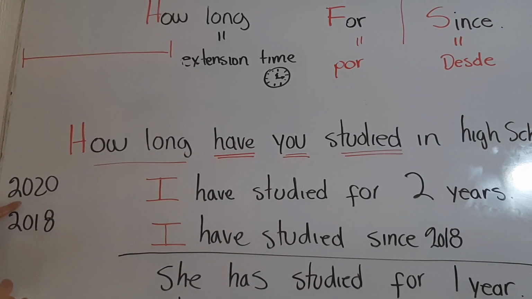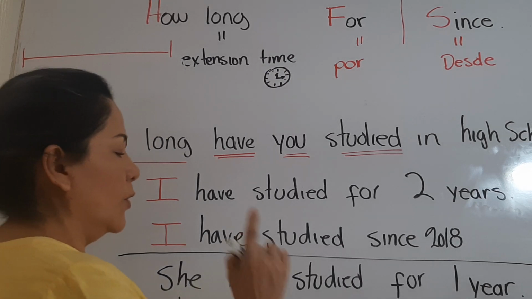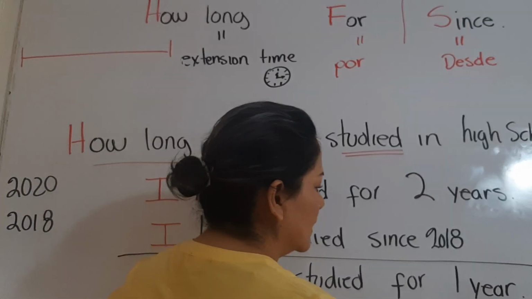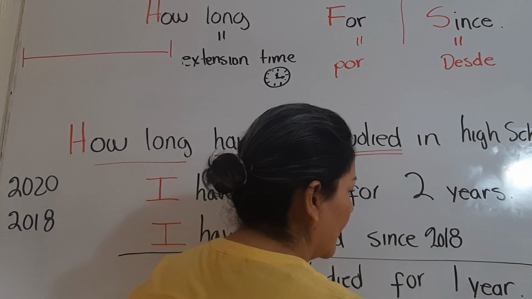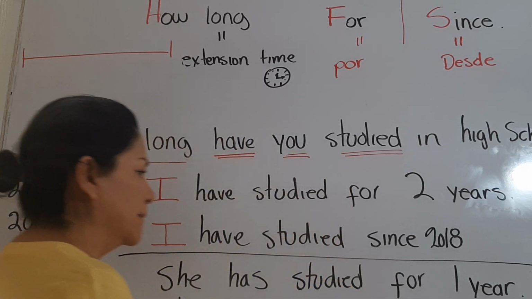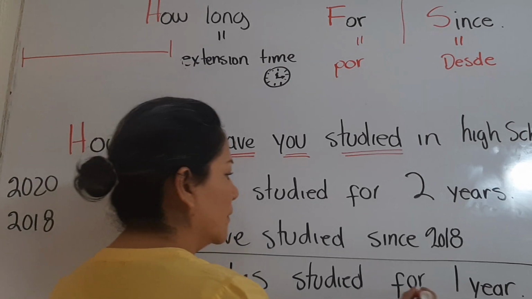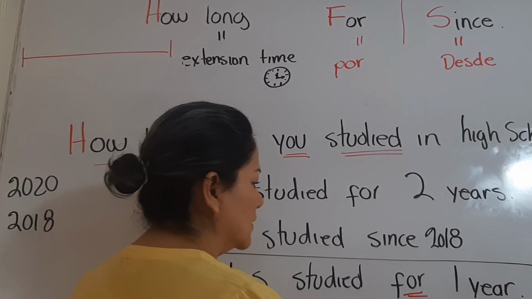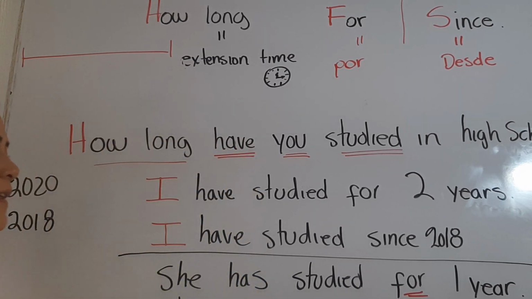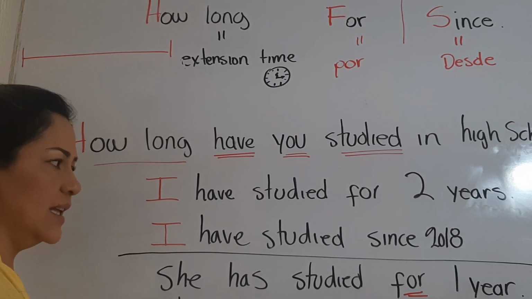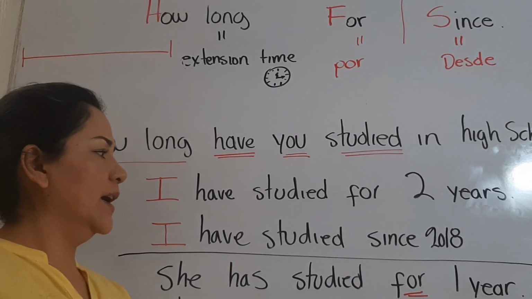If the year now is 2020, 1 year could be since 2019. Okay, so this is the use of for, change to since. Both ideas basically mean the same. We're talking about the time.